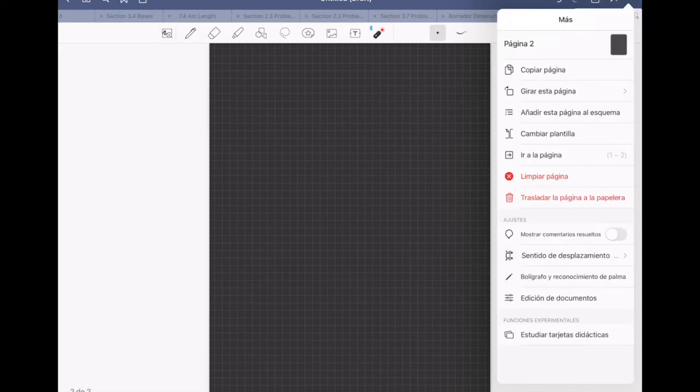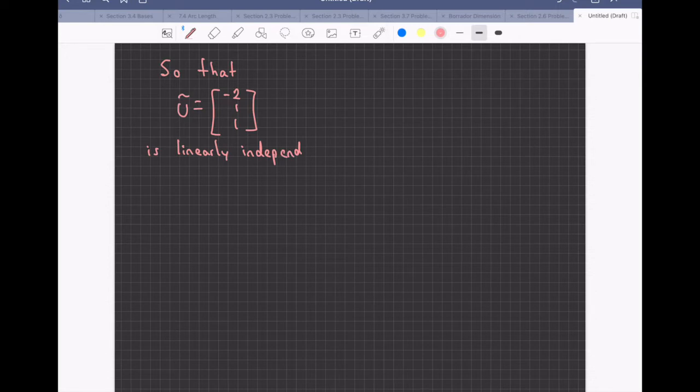So the vector u equal to (negative 2, 1, 1) is linearly independent and spans W. Then u is a basis for W. And how many elements do we have here? 1.